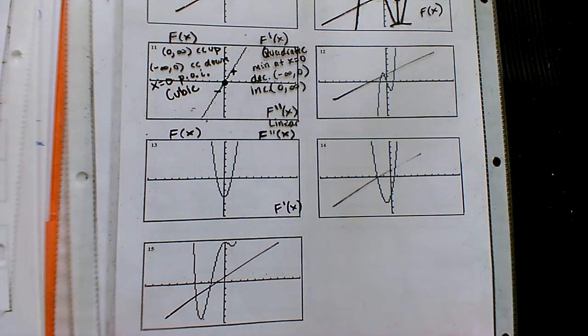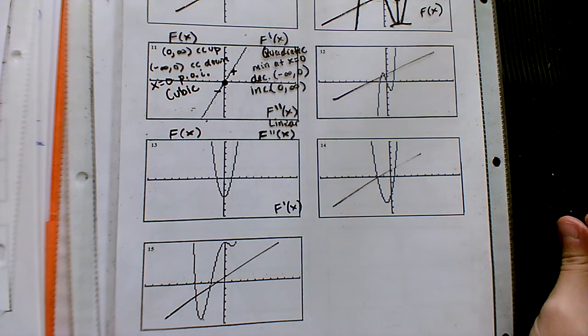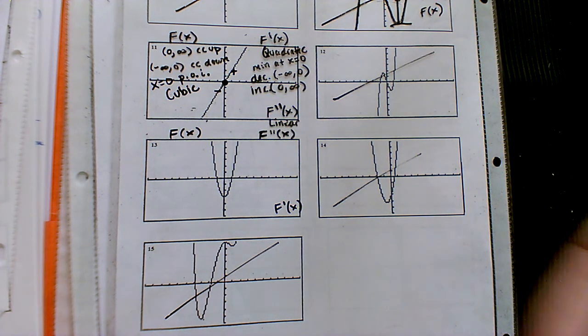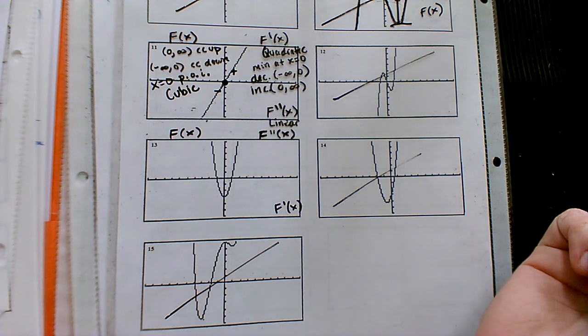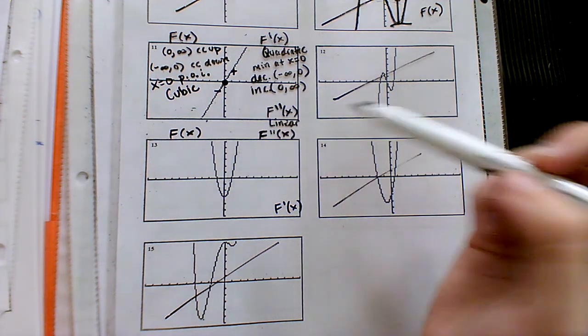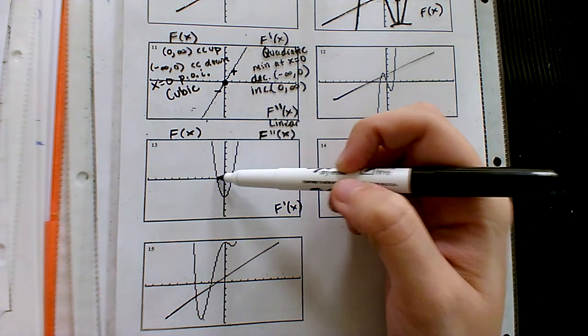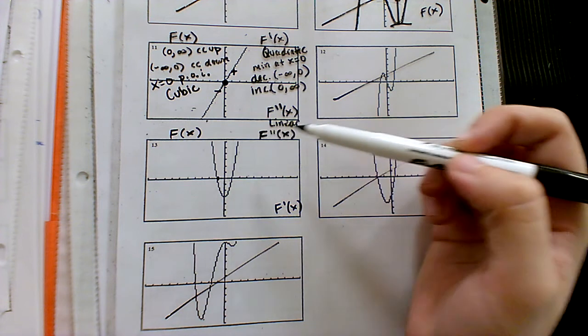Can we list some characteristics? Christian? On f of x, the slope has to be positive from negative infinity to -1. Negative 1? -1. Uh-huh. And then it's negative from -1 to 1, and it's positive again from 1 to infinity.